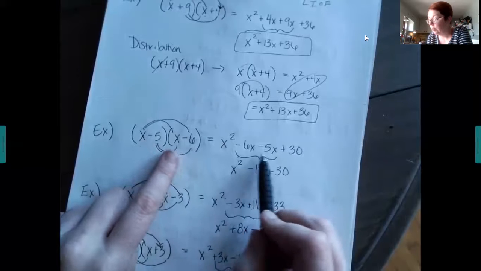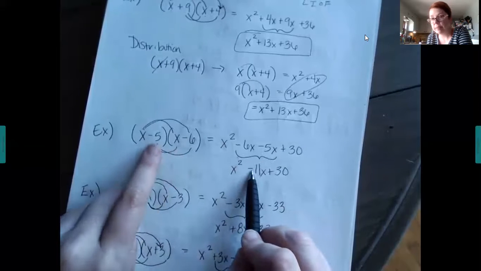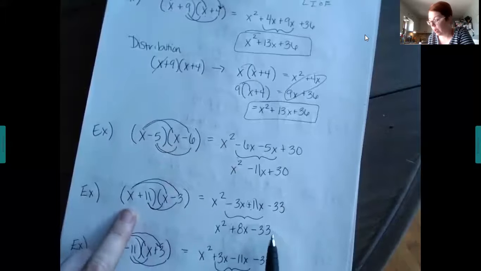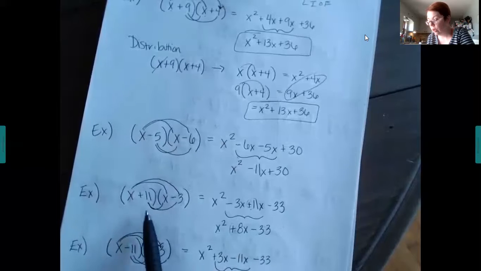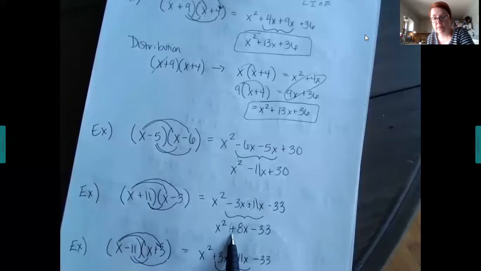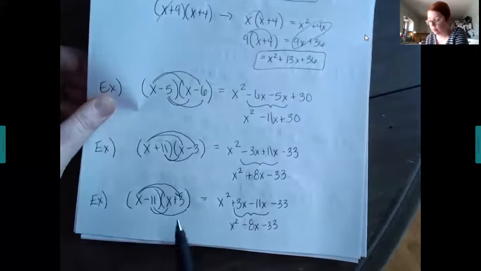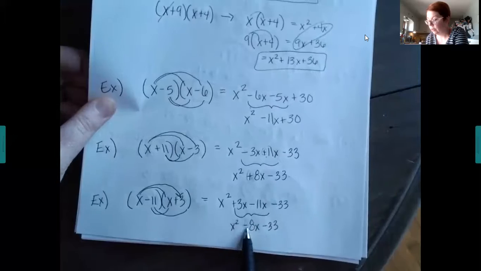We combine those 2 middle terms, and we keep the same sign. When we have different signs, our back number is going to be negative, and our sign in the middle will depend on what sign the bigger number has. Okay? So if the bigger number is positive, take the difference, leave a plus. If the bigger number is negative, take the difference, make it negative.